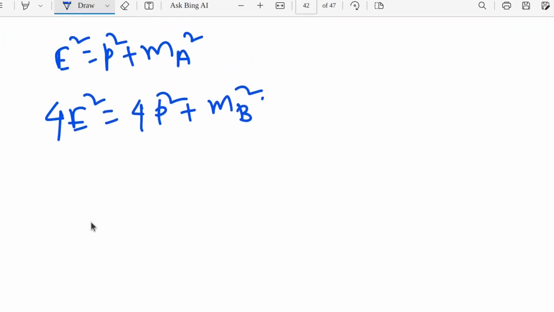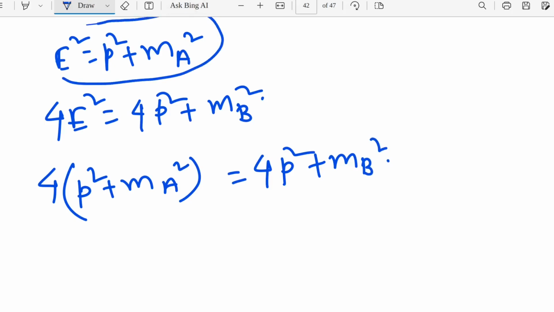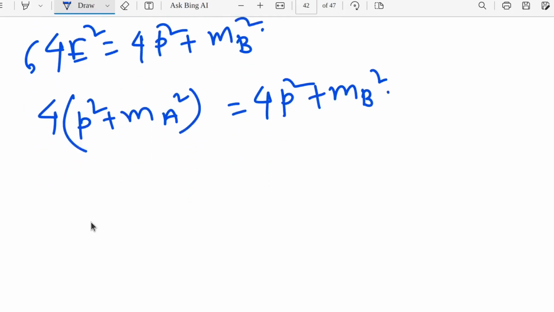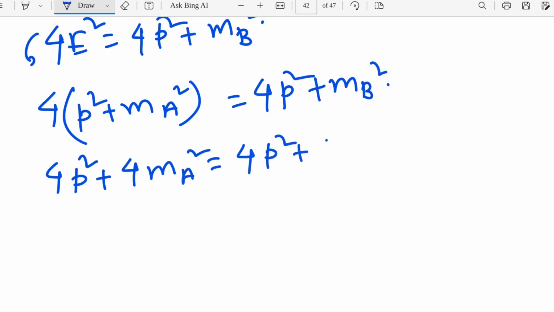Now we just have to put the value here. What I did here, I just simply put this E square equals P square plus MA square into this expression. Simple. Then the answer will come out as 4P square plus 4 MA square equals 4P square plus MB square.